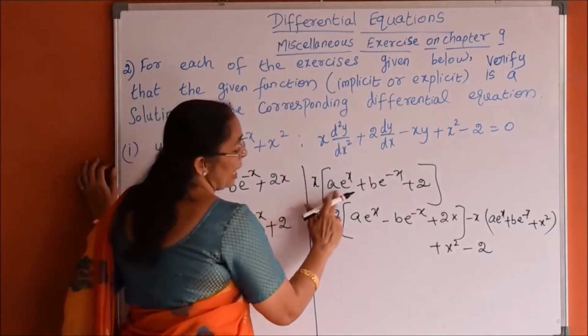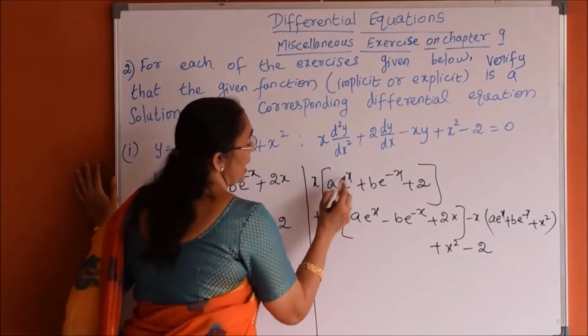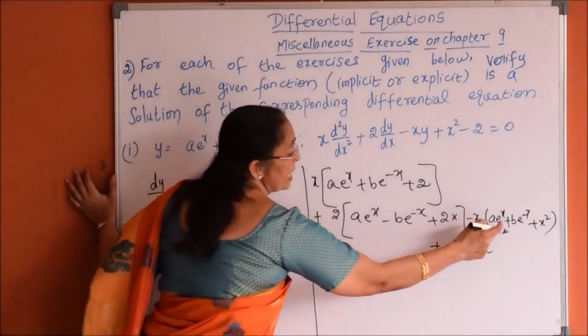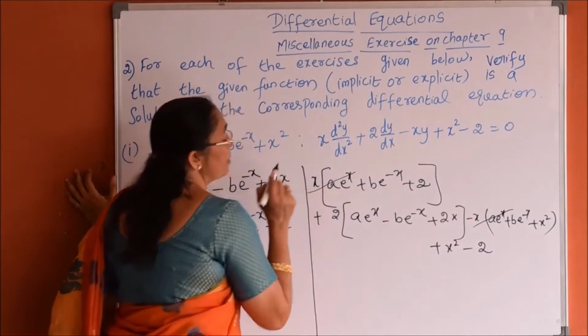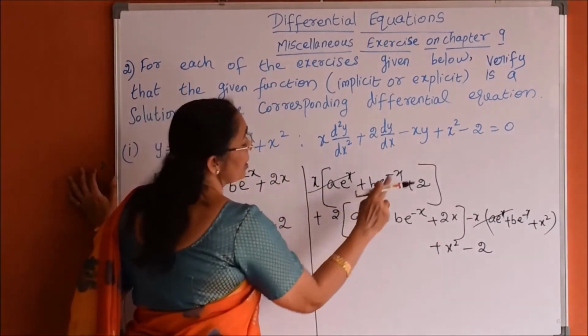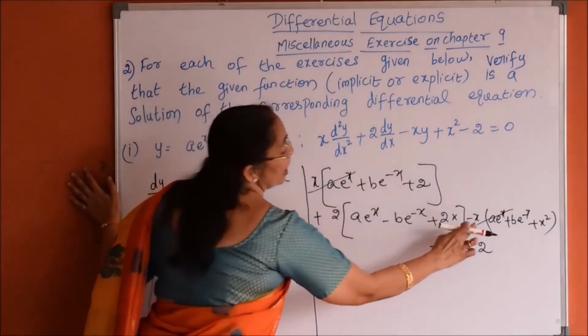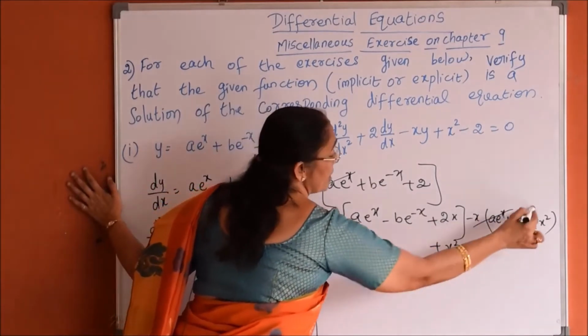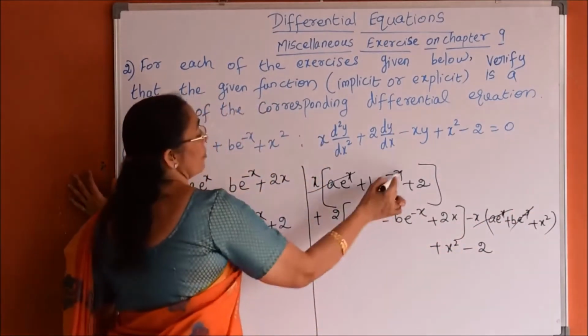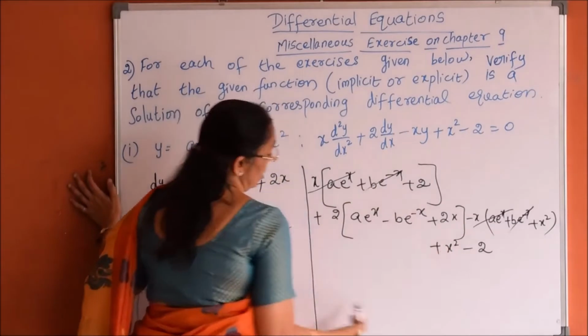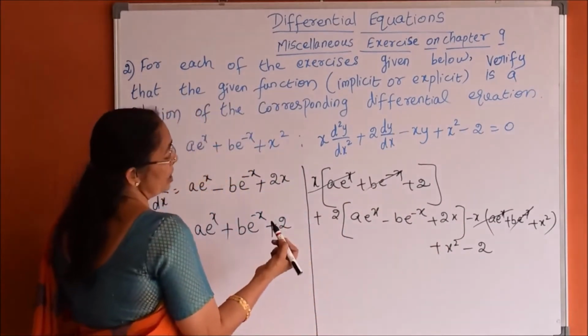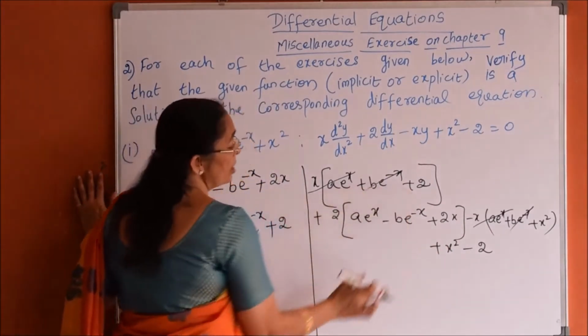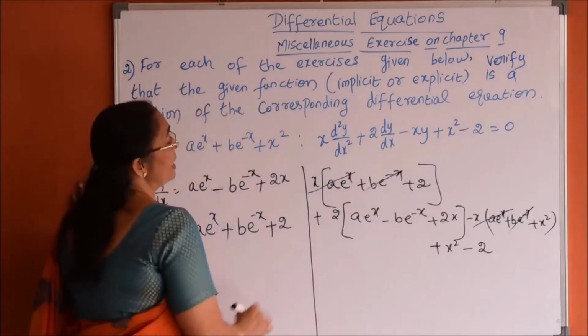Now, x a e power x here and minus x a e power x here cancel. Next, x b e power minus x and x b e power minus x with negative sign cancel, plus 2x here and plus 2x there. Let me write the leftover term.